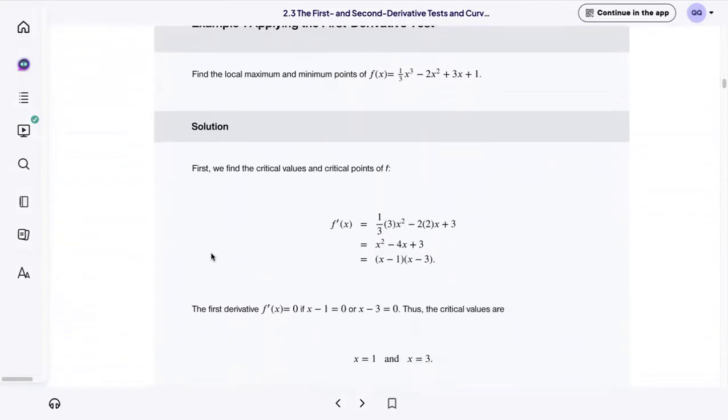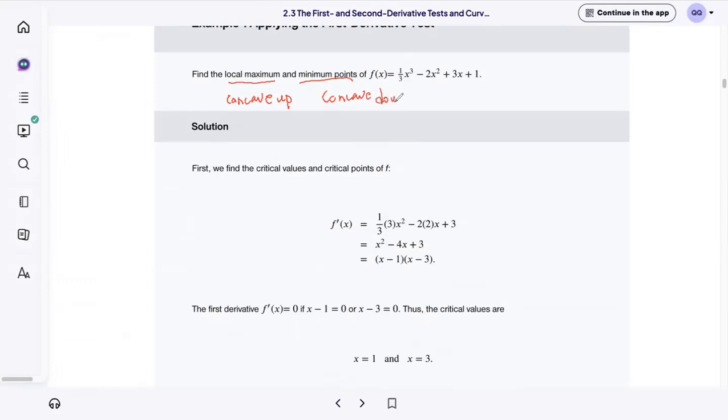Okay, let's see this one. We want to find the local maximum and local minimum points. Or maybe let's do one more step. Let's find, so local maximum and local minimum are given by critical points. Let's also find concave up and concave down.